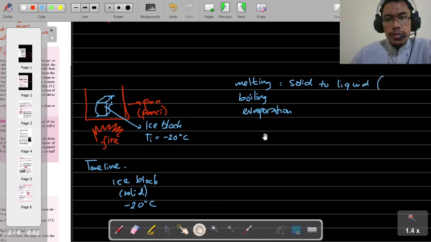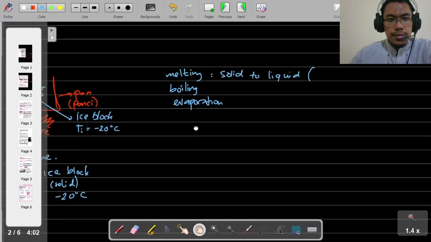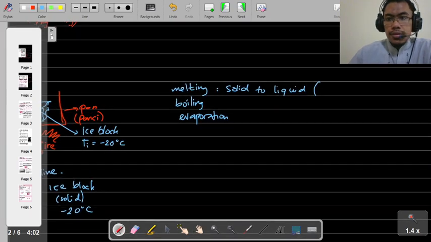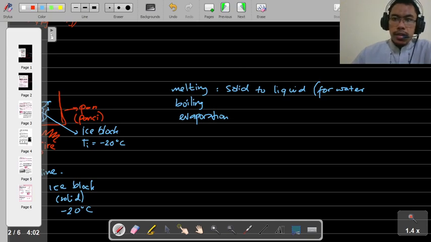And for water, this process will happen at 0 degrees Celsius.